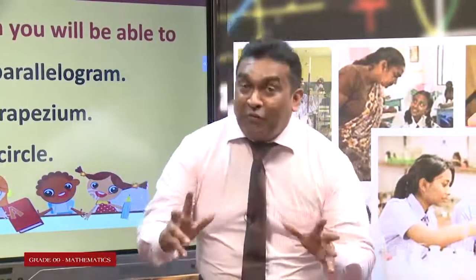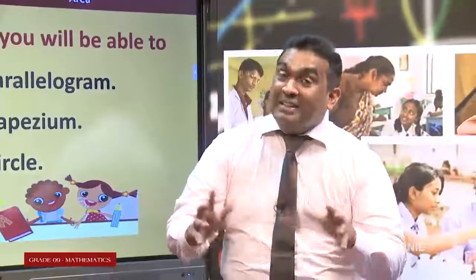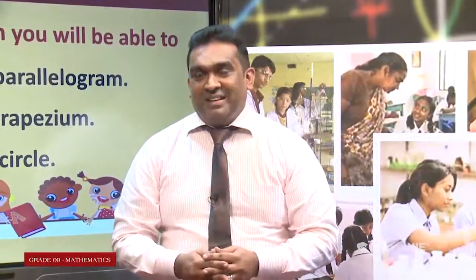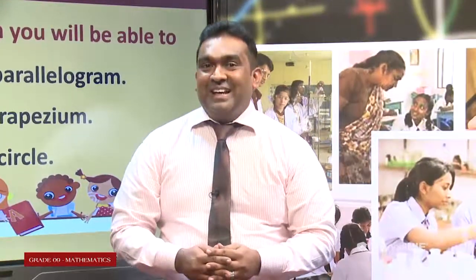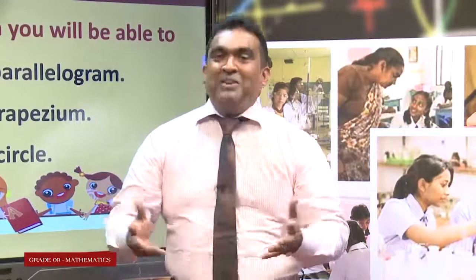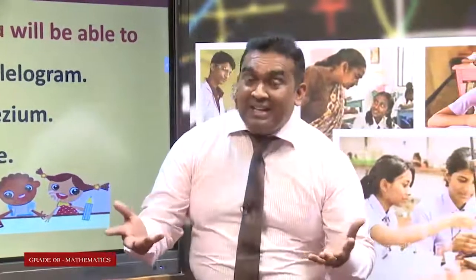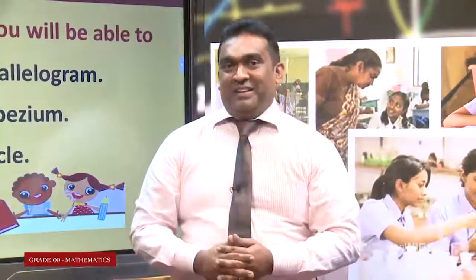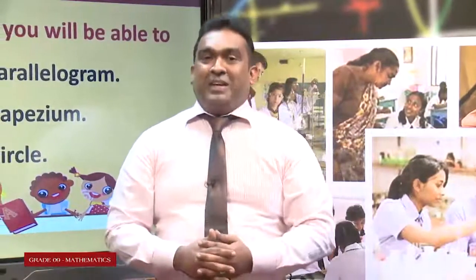If you can draw figures on a plane, they are called plane figures. We know that a triangle is a plane figure, a square is a plane figure, a rectangle is a plane figure, a parallelogram is a plane figure, a trapezium is a plane figure.